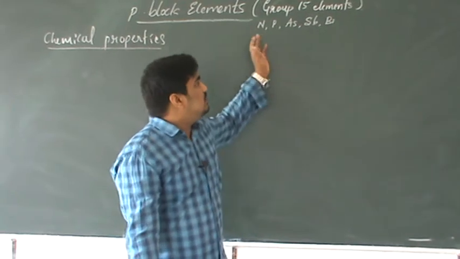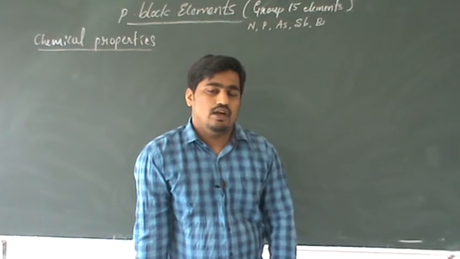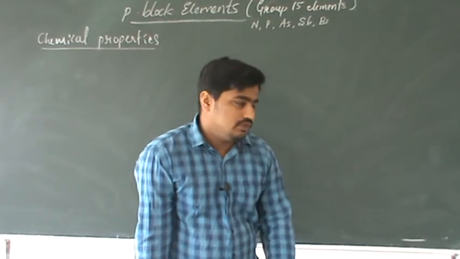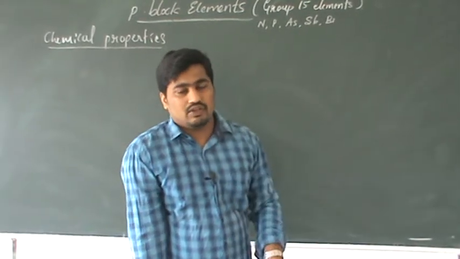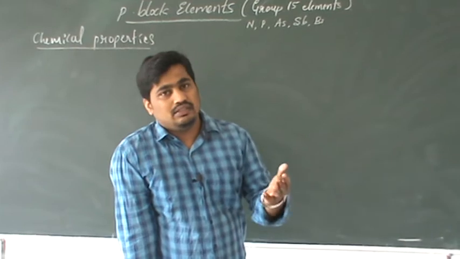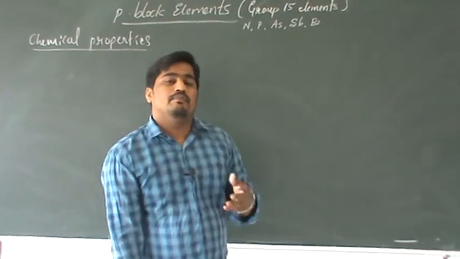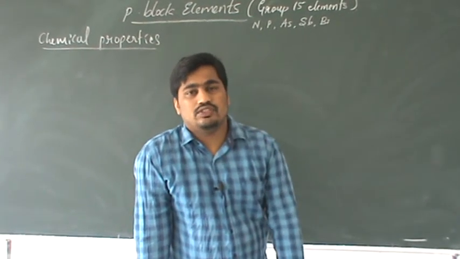The next is metallic property. The first two elements of the 15th group are non-metals. The next two behave like metalloids, meaning some properties of these elements are metallic and a few are non-metallic.